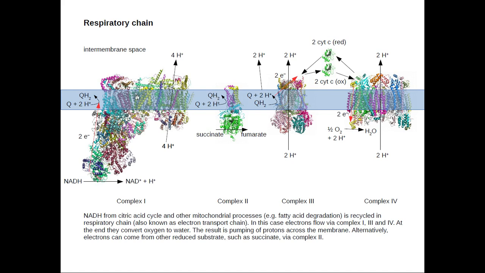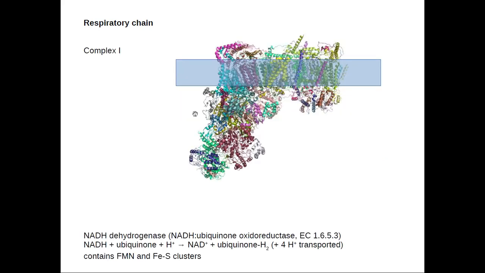So it took some time to decipher the three-dimensional structures of all these complexes, but now they are completely known, so you can look at these structures at the atomic level, and you can watch the pathway of electrons, for example, or you can look at the active site, look how they interact with the membrane, and many other things can be found from these three-dimensional structures.